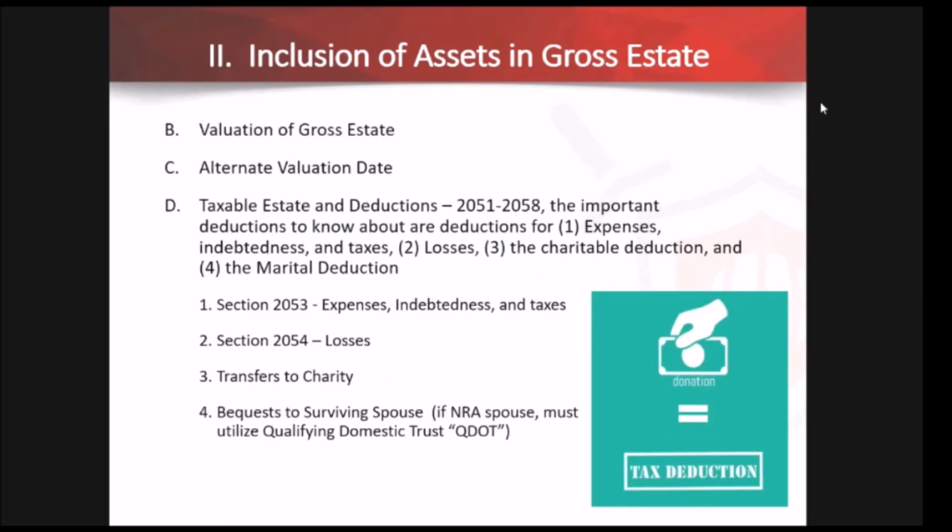So once you find out what all these things are and you calculate the value and you go through, at that point you have the gross estate. That gross estate is then in one column. You then take any unused credit, the unified credit, also known as the exemption.